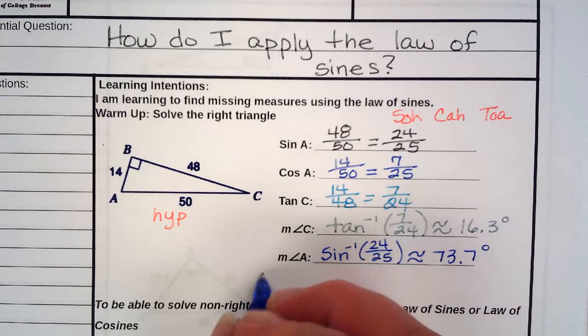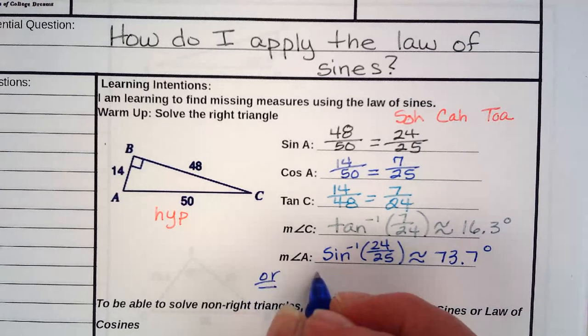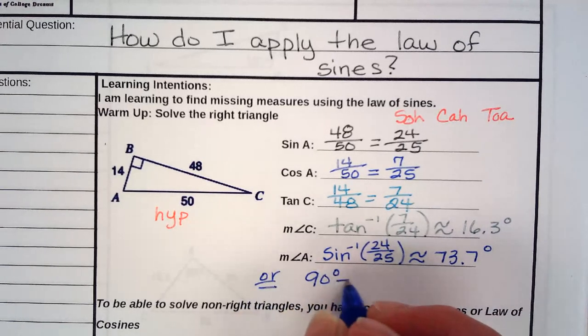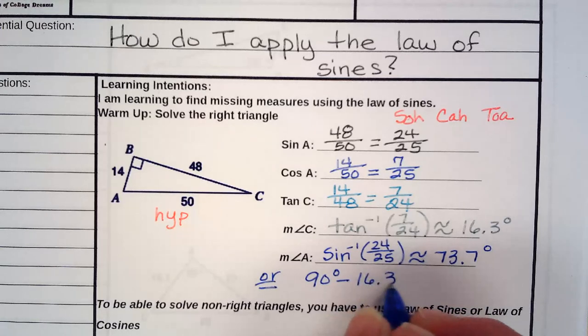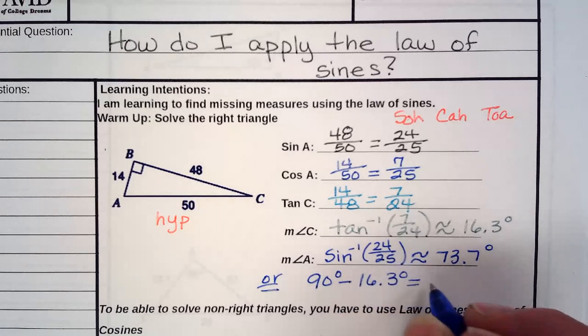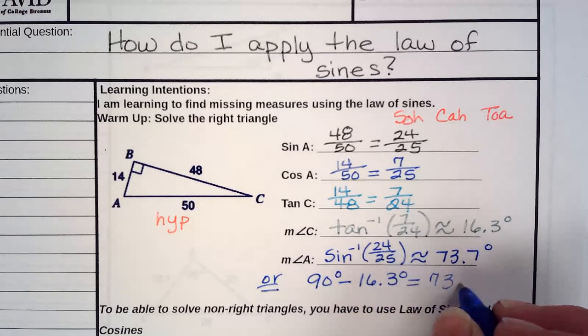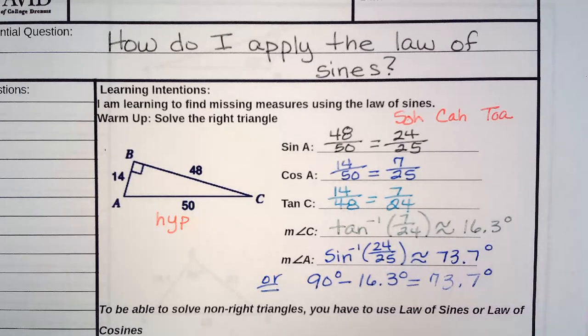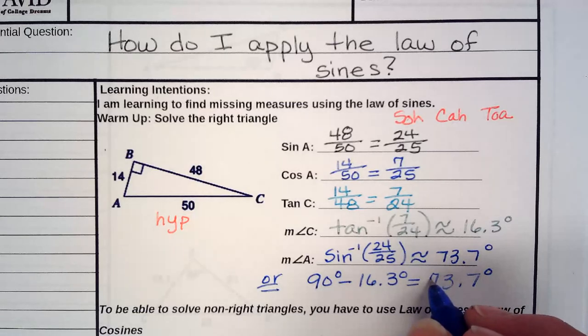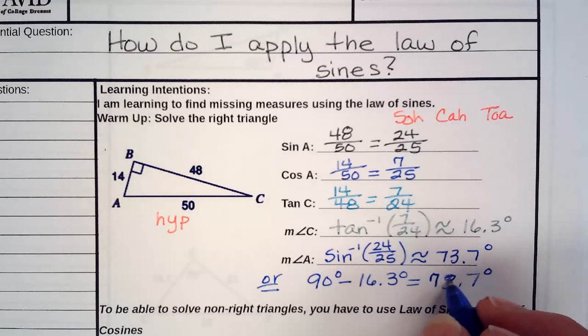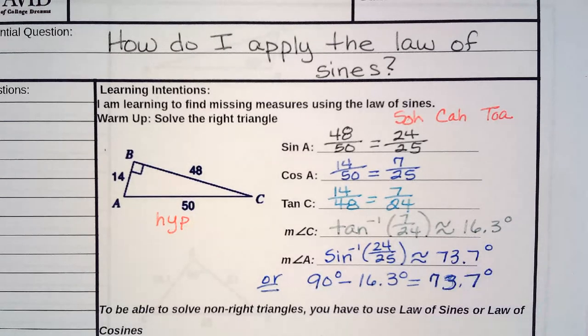But you could also take 90 degrees minus 16.3 degrees and you will once again get 73.7 degrees. So how are you going to do it? Whichever way appeals to you, whichever way your brain sees it.